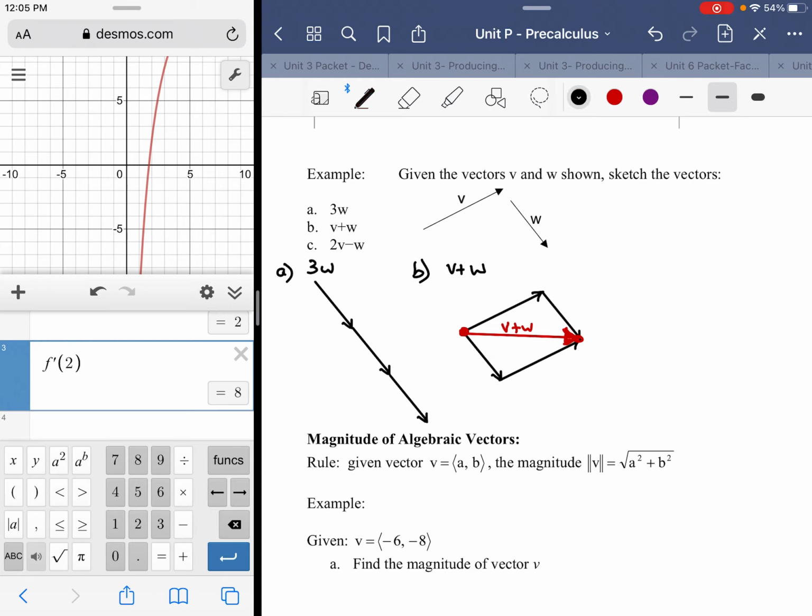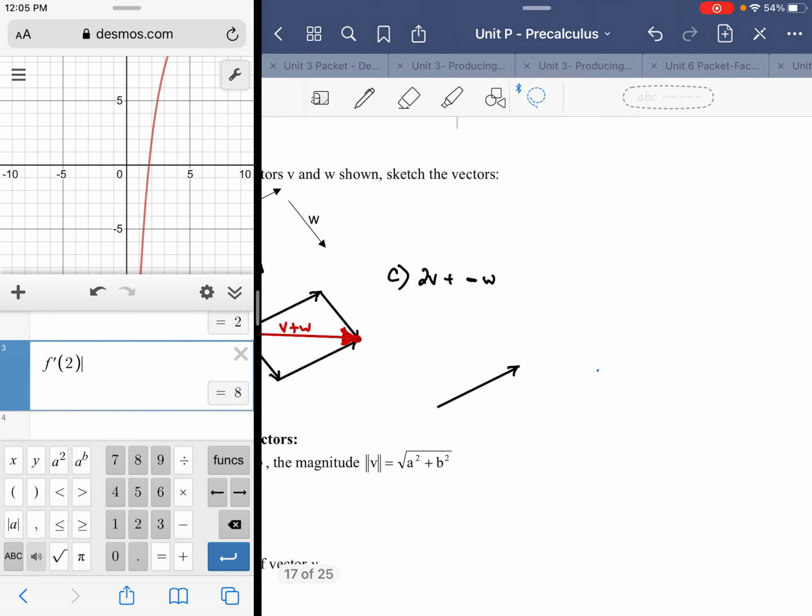The tricky one would be part C, which is 2v minus w, but it's going to become 2v plus negative w. The reason I say that is, and it's an important distinction, negative changes the direction of the vector. So we know v plus w has a certain look, but for 2v, I'll take my v and double this length.